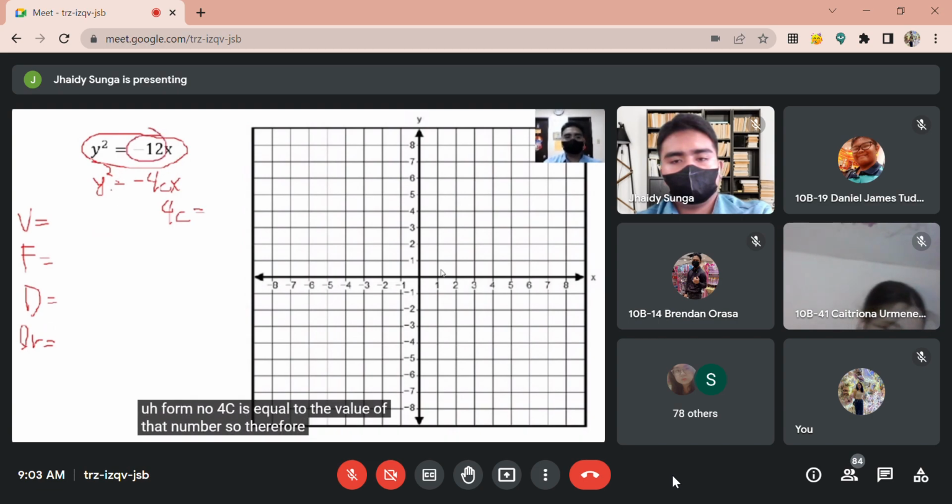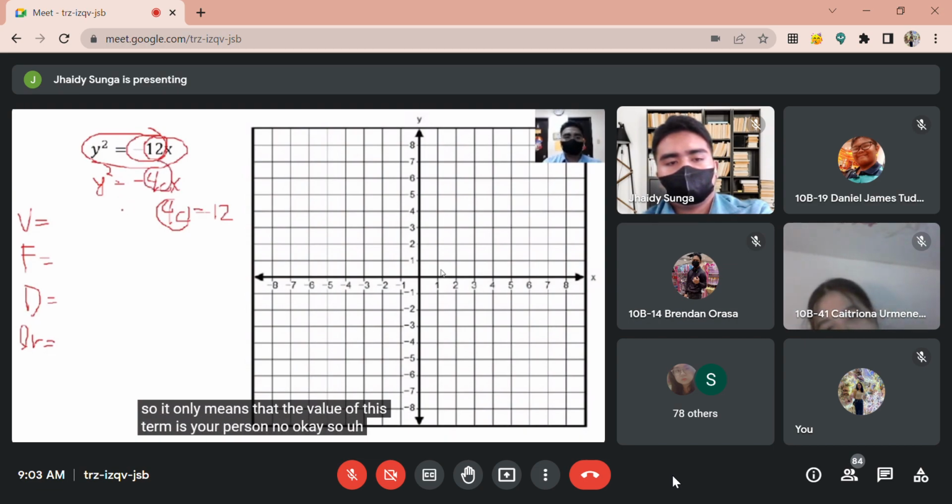Since it's negative, your focus is equal to negative. It only means that the value of this is your focus.